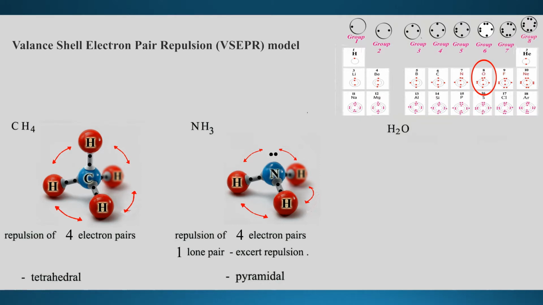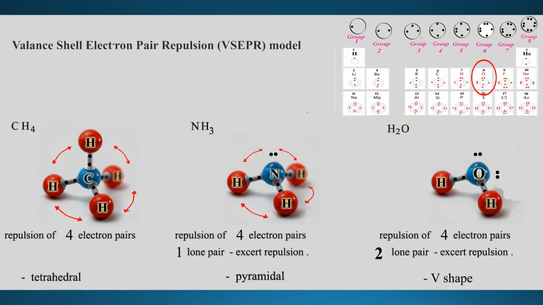Look at water, H2O. H2O has 2 lone pairs and 2 bond pairs. You have 2 lone pairs, non-bonding, and you have 2 bonding pairs. So what shape would it be? The lone pairs will repel each other, as well as repelling the bond pairs, and the bond pairs also repel.